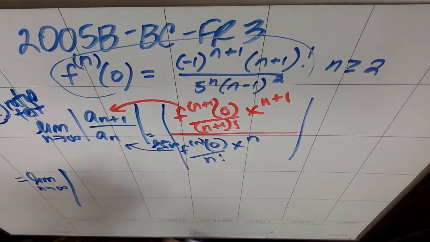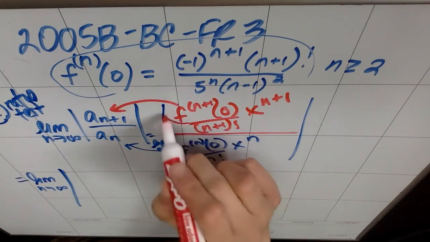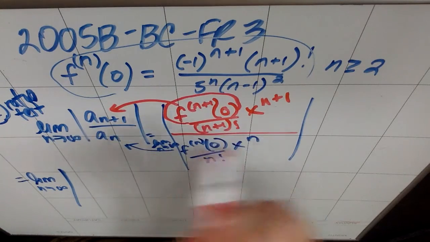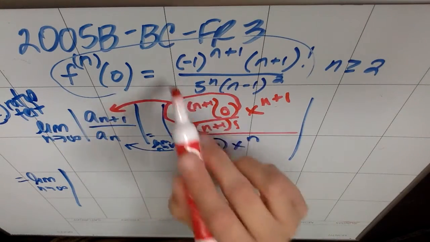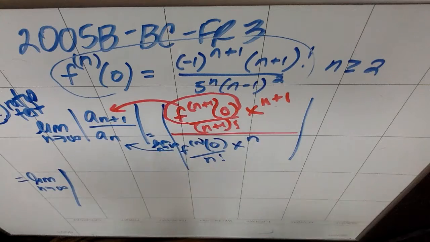So I'm going to go ahead and do the red one as n plus 1. I'm going to do that in red. So the n plus 1th derivative of f at 0 is going to be this formula that we were originally given, but with an n plus 1 plugged in for n.